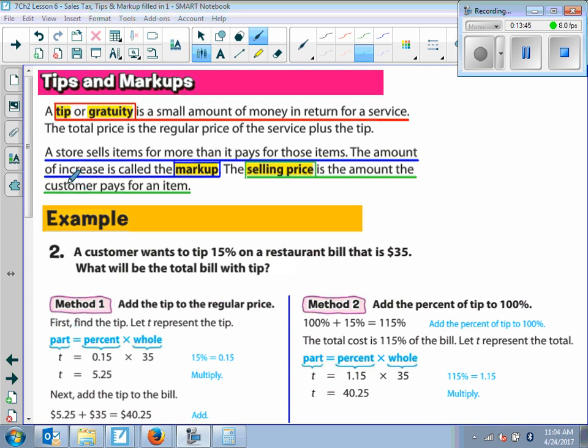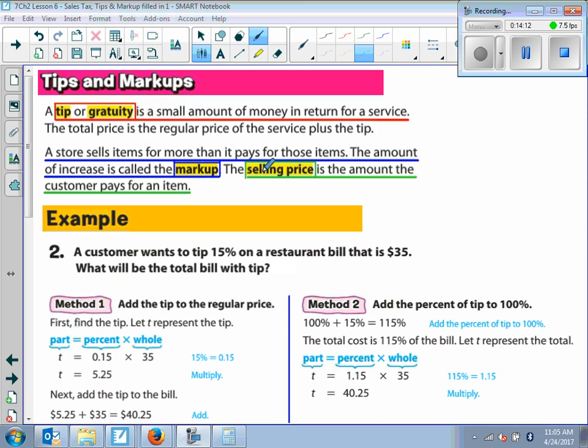Markup is the amount of increase that a store sells items for. A store sells items for more than it pays for those items. Okay? So, for example, if you are buying a pair of sneakers from the store, and you pay, I don't know, $85, right? The store did not pay $85 to have those sneakers in the store.